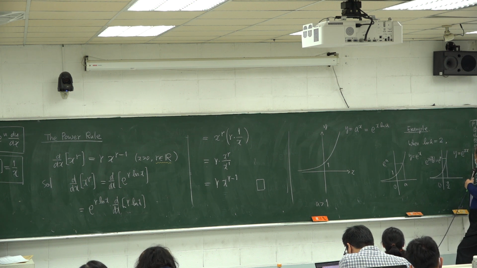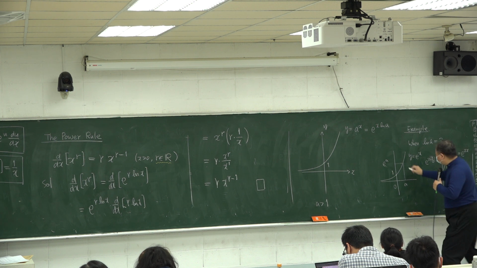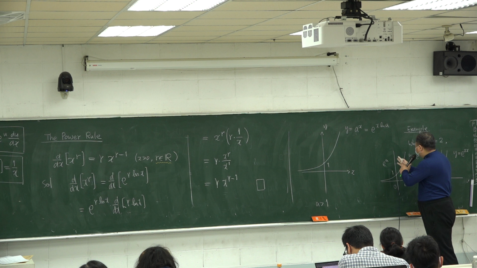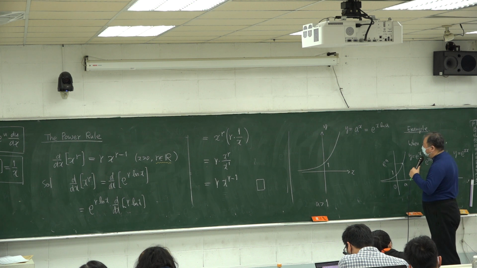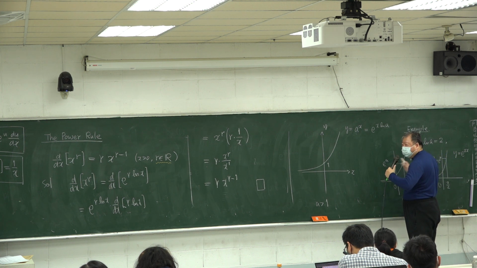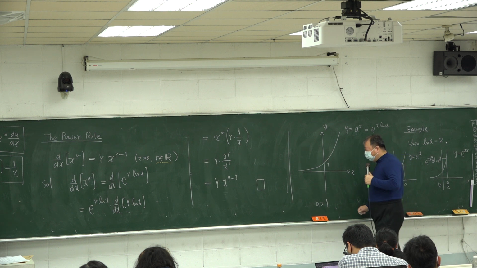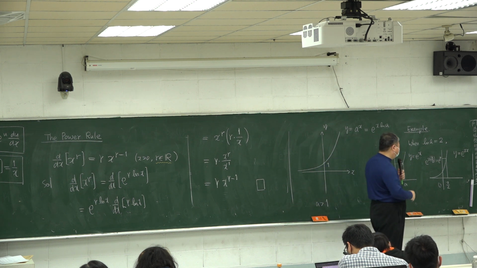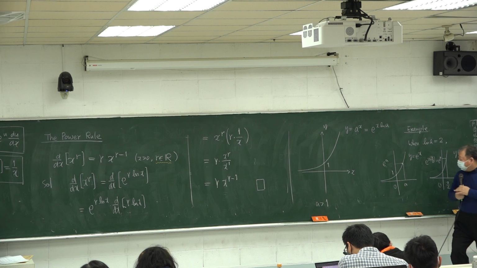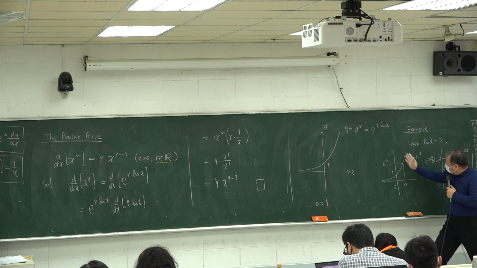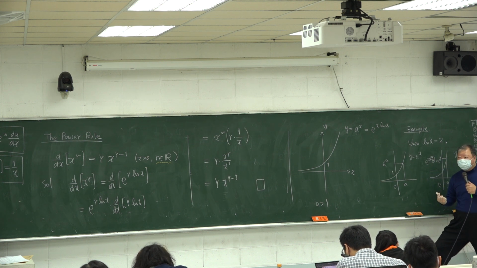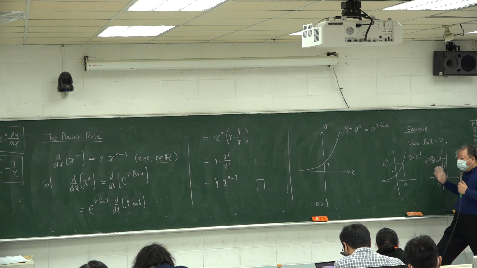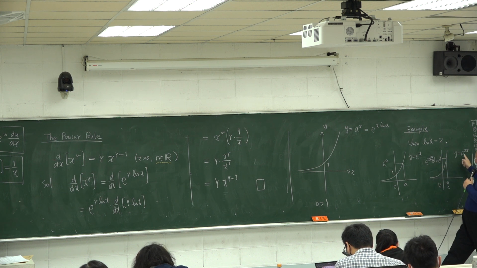So this means the graph of this function is obtained from this one by a contraction. Shift this graph closer to the y-axis by a factor of 1/2. This is 2, then 1/2.